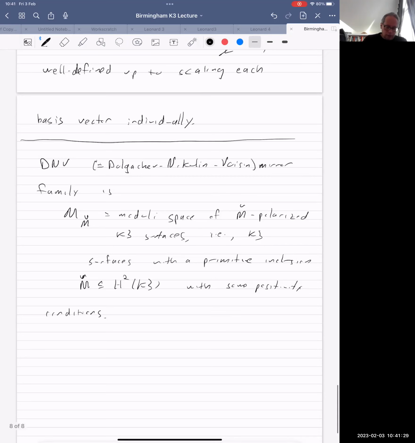So in general, the moduli space of M-check polarized K3 surfaces is non-compact, but it is one-dimensional. So it does have a rather simple compactification. And again, the best situation is when n is square free, and that's why we restrict to this case.